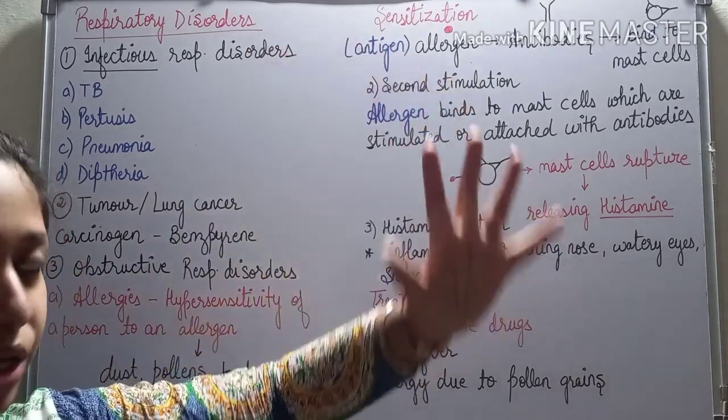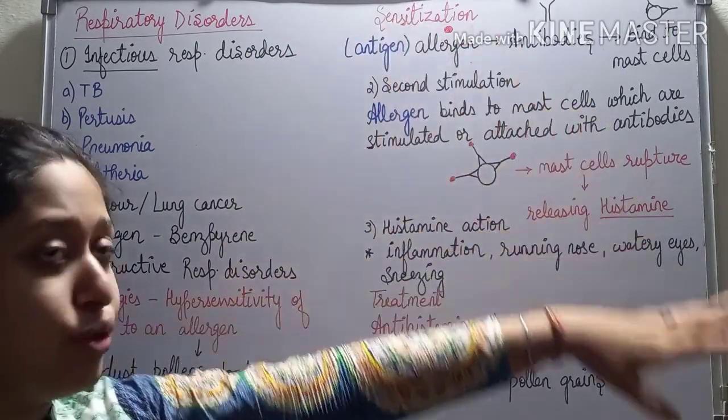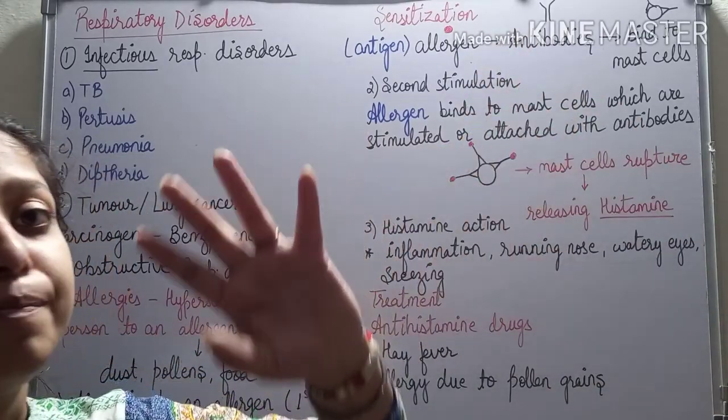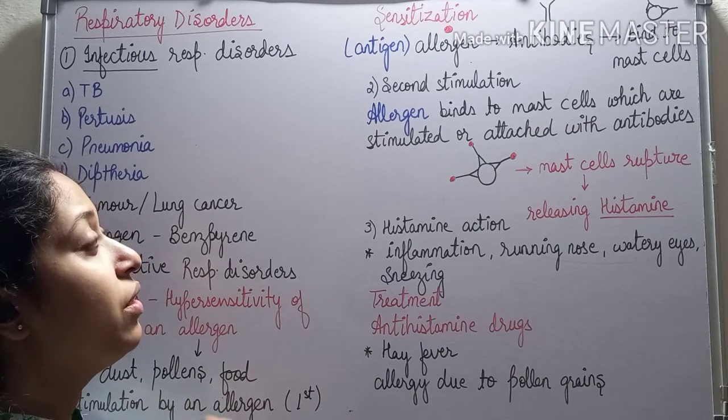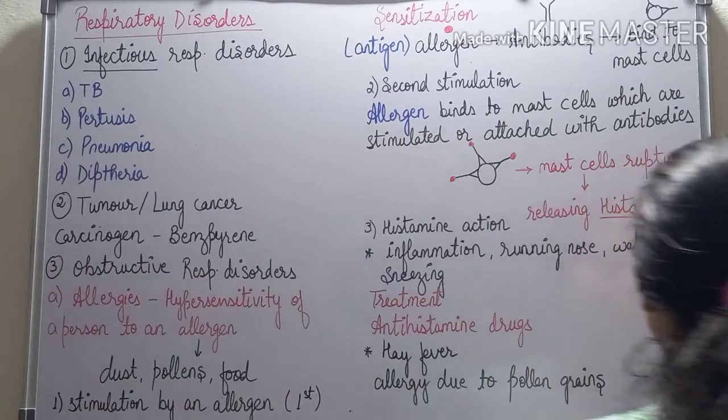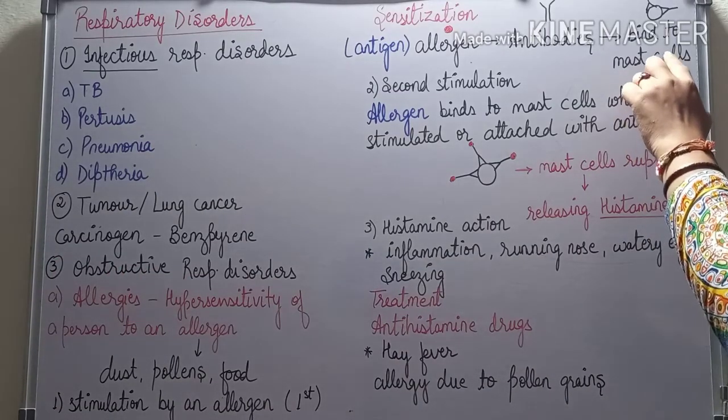So in our body as well, as soon as any allergen enters, our body produces antibodies against that allergen to fight against it, to kill it, or to make that allergen inactive. And as soon as the antibodies are produced, these antibodies bind to the mast cells.